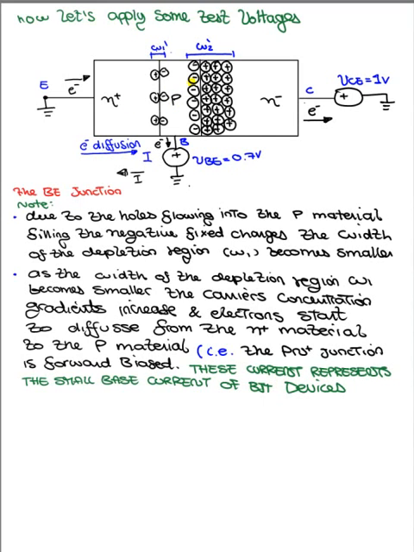So they start to become minority carriers in the P material, just like if they were thermally induced electrons. So we have a very small base current, but we're going to have a very, very large collector to emitter current, right? And that's going to be due to these minority carriers that are induced here in the P-type material.